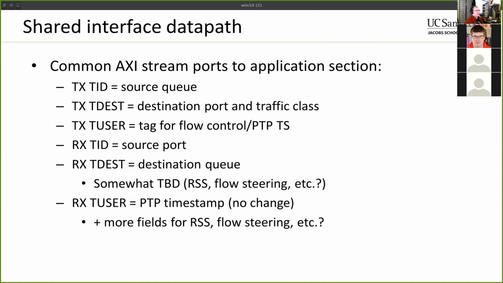Right, yeah. For our use cases, at least, we need a lot of transmit queues and we don't really care too much on the receive side, but I can definitely see the benefits of using one queue per connection or something like that. And if you're doing something along those lines, then you're really going to need to be doing a lot more work in the application section to determine which connection this packet is a part of, and then get it back in the appropriate receive queue.